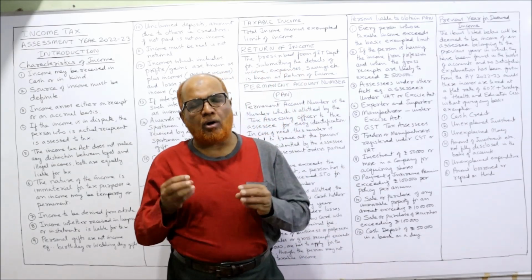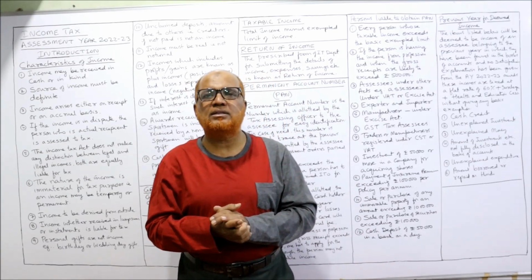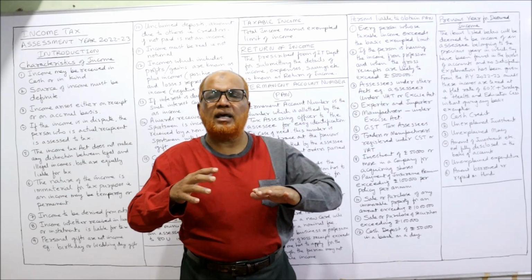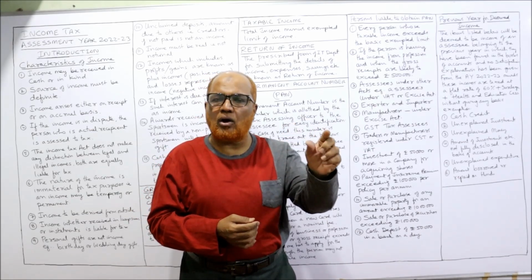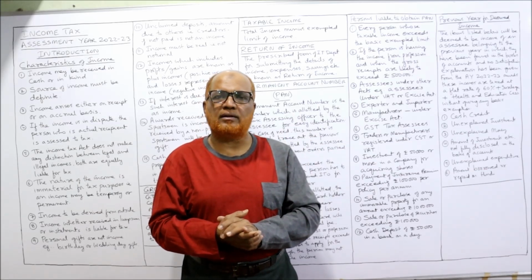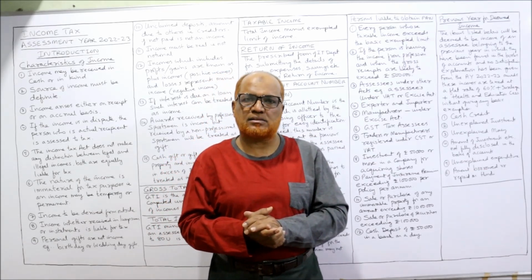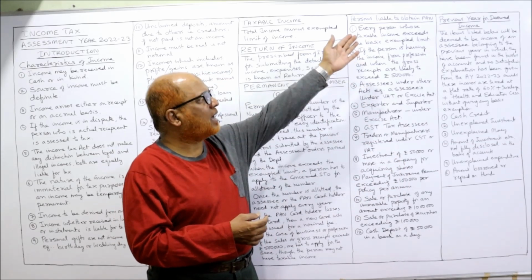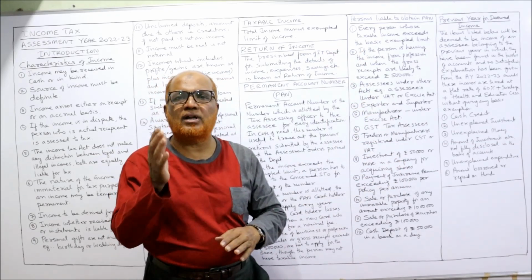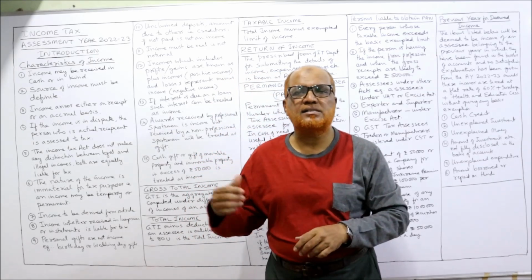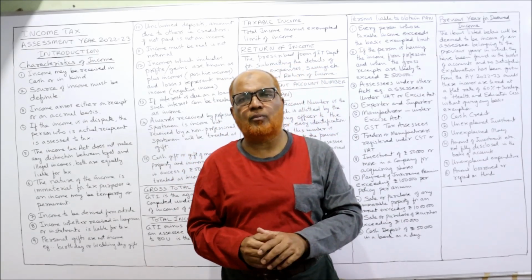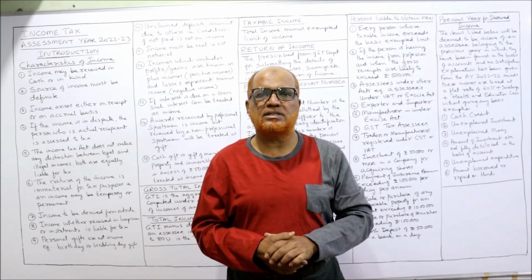In examination, almost 50% you will get theory, and you cannot make it in your own words. You cannot write whatever is there in the law. The same thing you write. Then only you can get the marks. After permanent account number, I am going to explain previous year for deemed income. So before going ahead, take the screenshot of the points which I have written on the board. Then I explain every point in detail.